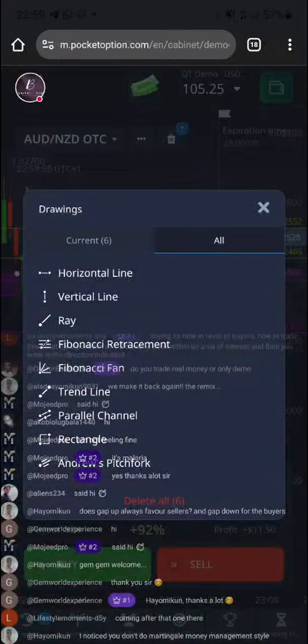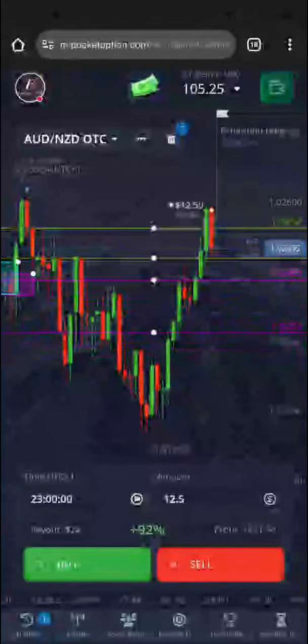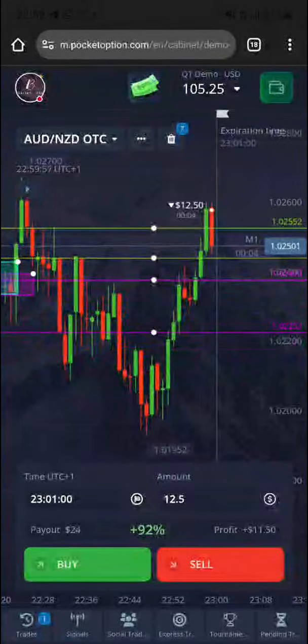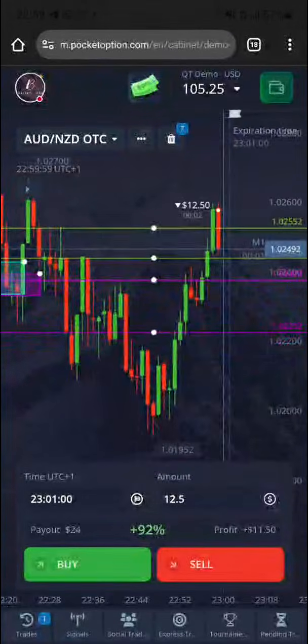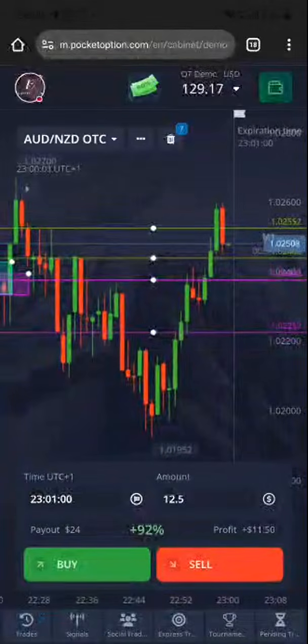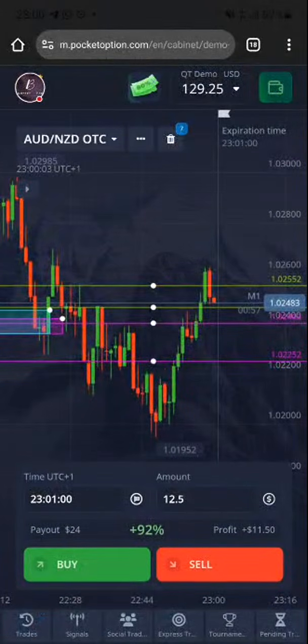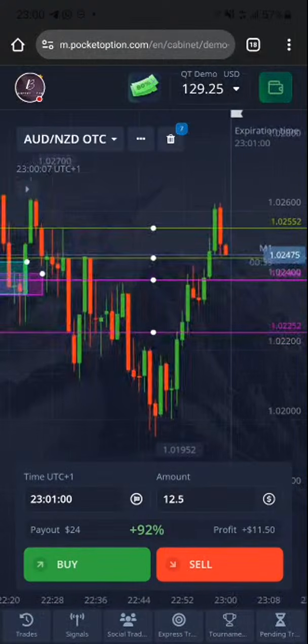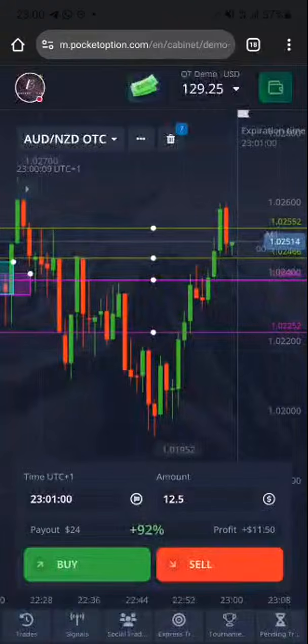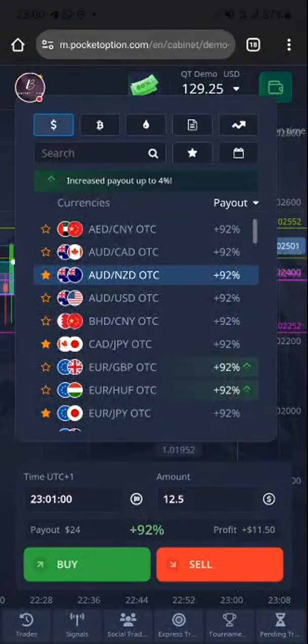I notice you don't do martingale money management style. I don't understand it. I don't even know what it is. But I think somebody tried to explain it to me the other day. Like I always say, money management is a personal thing. It depends on how deep your pocket is.